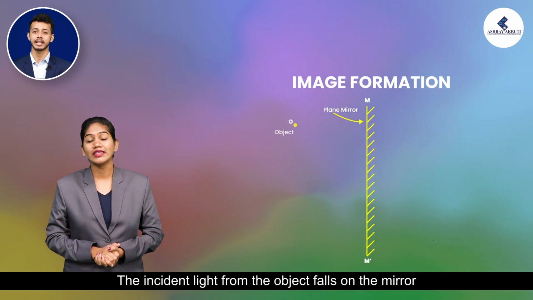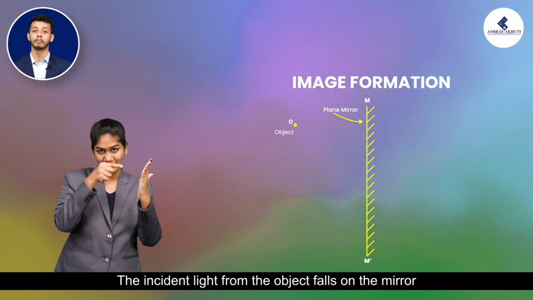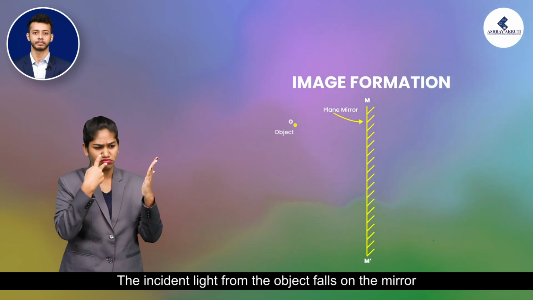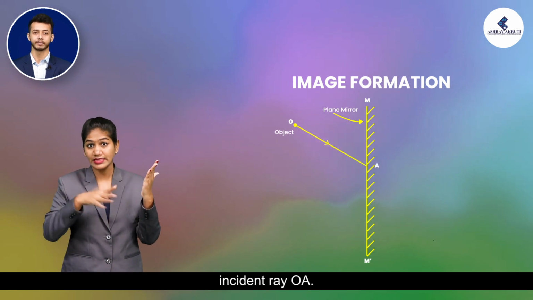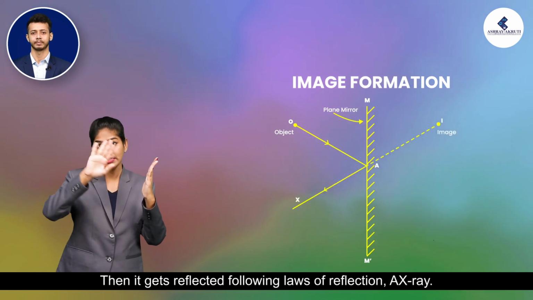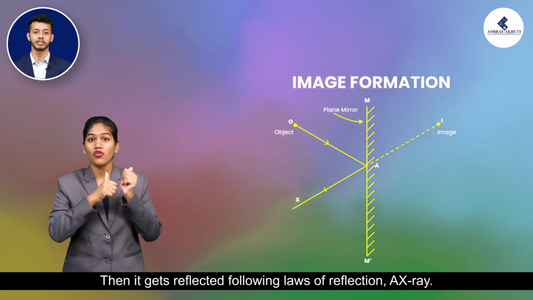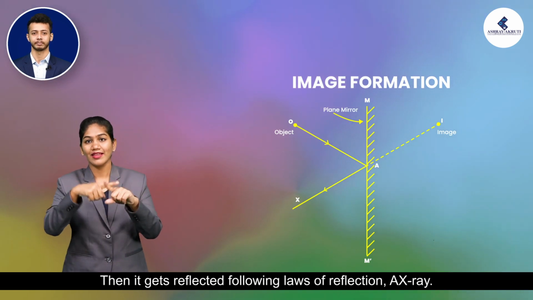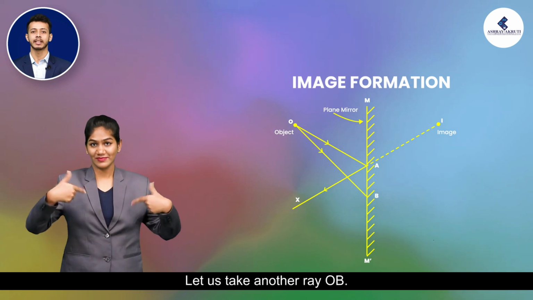The incident light from the object falls on the mirror. Incident ray OA then gets reflected following laws of reflection, ray AX. Let's take another ray OB.